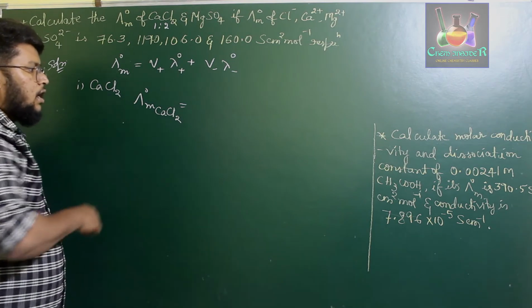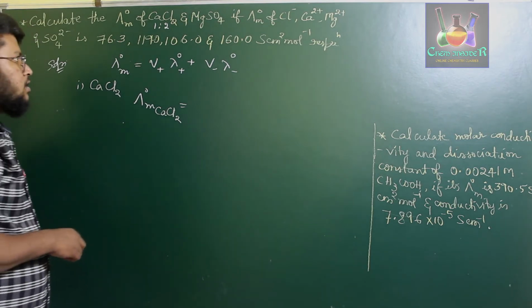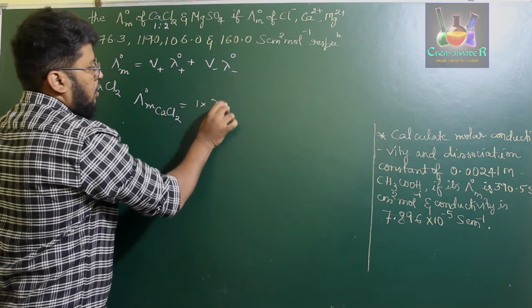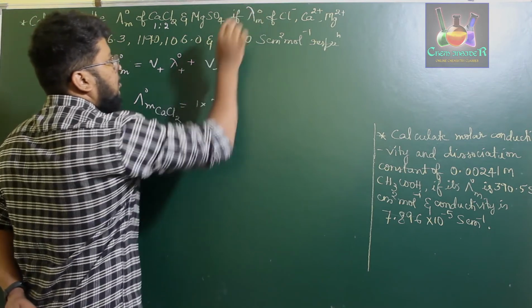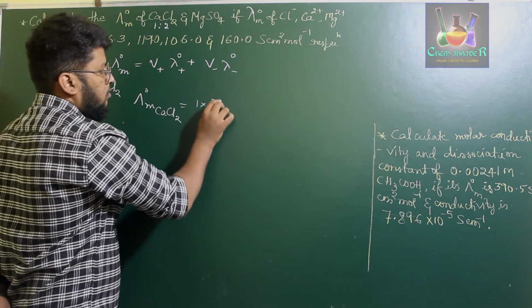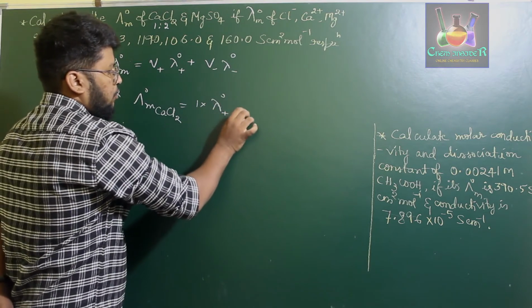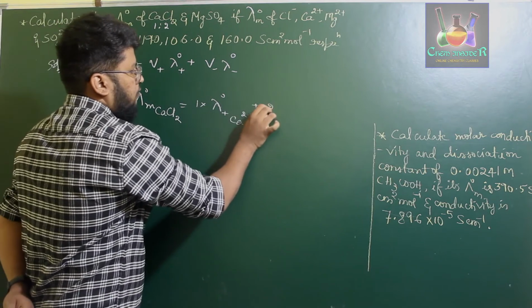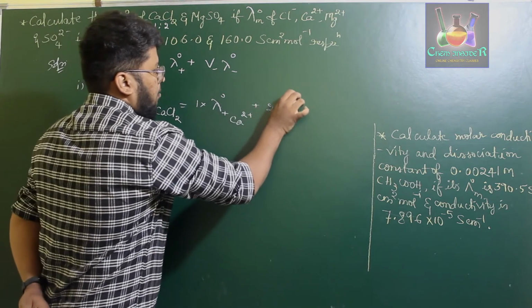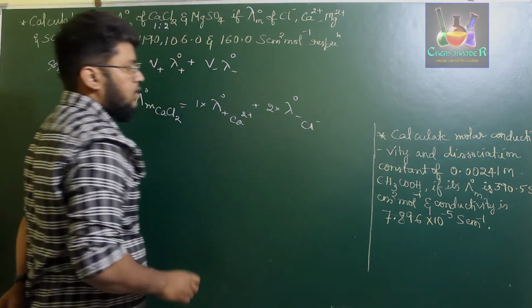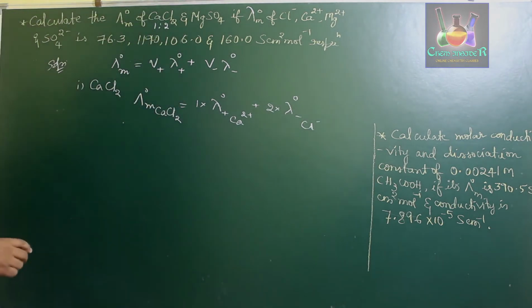Therefore, lambda of CaCl2 is equal to 1 into lambda plus naught of Ca2 plus plus 2 into lambda minus naught of Cl minus ions. Since we are using 2 Cl ions, we need to consider 2 values of Cl minus.